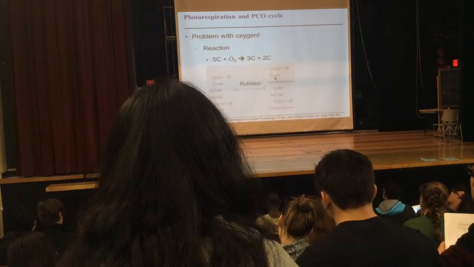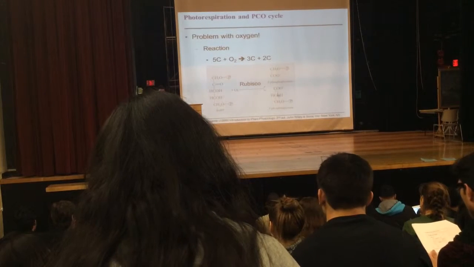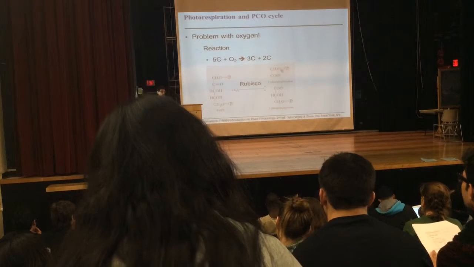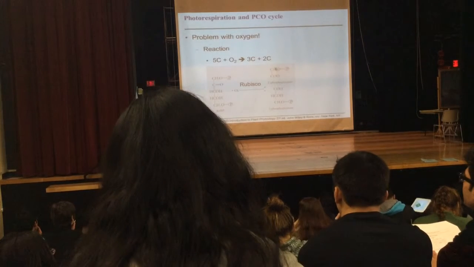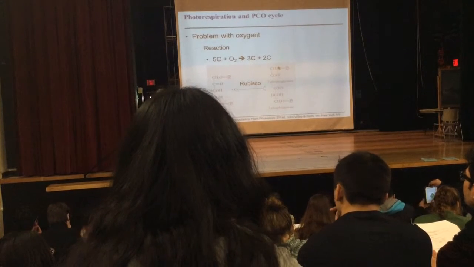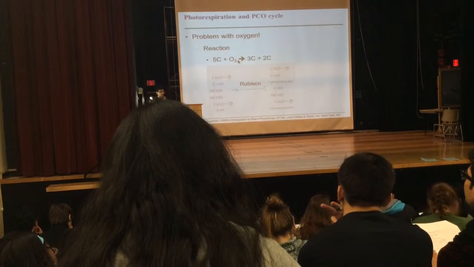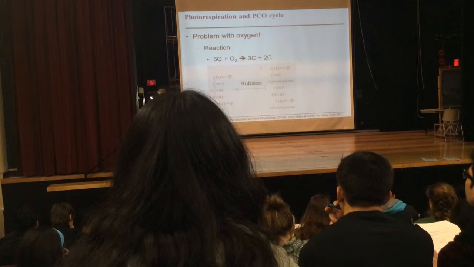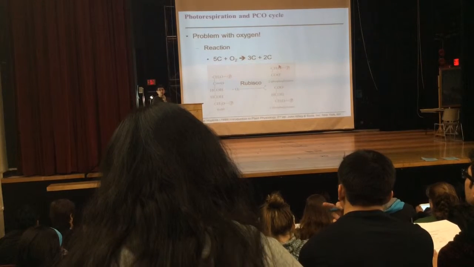So you're not getting two 3-carbon acids out of this, you're getting one 3-carbon acid and a 2-carbon useless compound. So the phosphoglycolate is a useless 2-carbon compound that the plant can't really use. So when oxygen reacts, not only are you not gaining any carbon, you're potentially losing 2 carbons you already had. So it's a big waste.